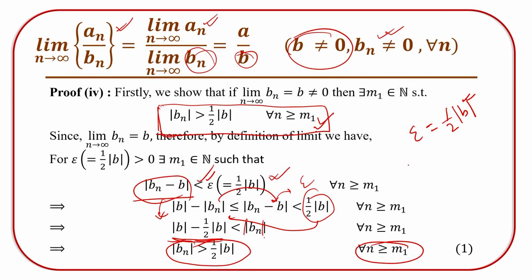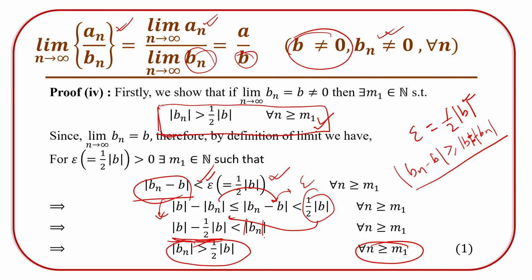So what is the trick here? The trick was that the modulus of the difference between two numbers is always greater than or equal to the difference of the moduli of these numbers. This was the only trick we have used, right?